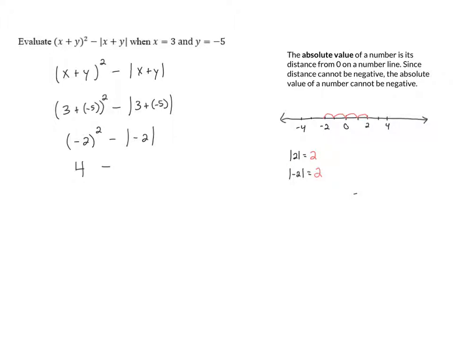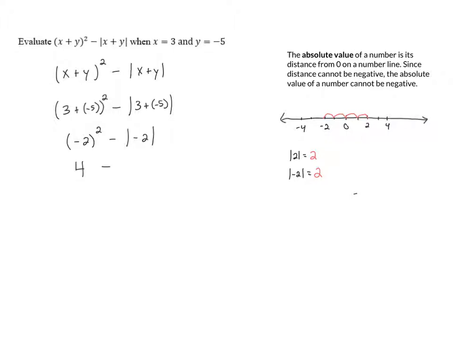So the absolute value of 4 would be 4, the absolute value of 12 would be 12. And if we have the absolute value of a negative number, we effectively get rid of the negative sign. So the absolute value of negative 2 is positive 2, the absolute value of negative 4 is positive 4, the absolute value of negative 12 is positive 12, etc.